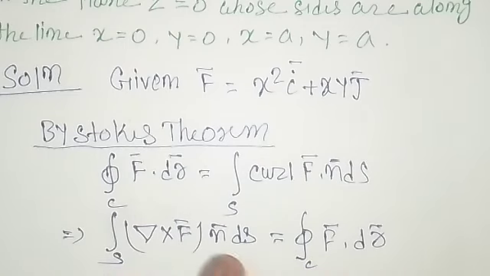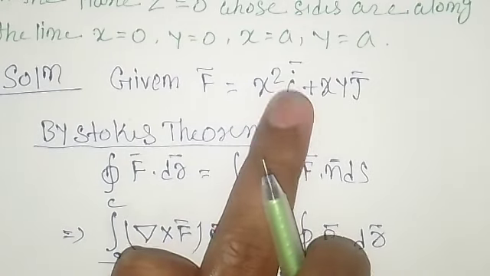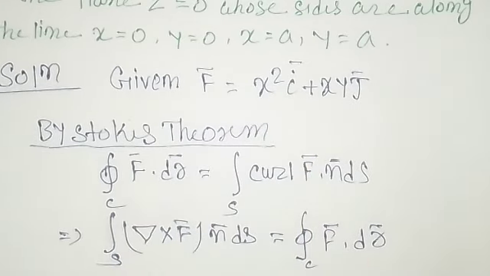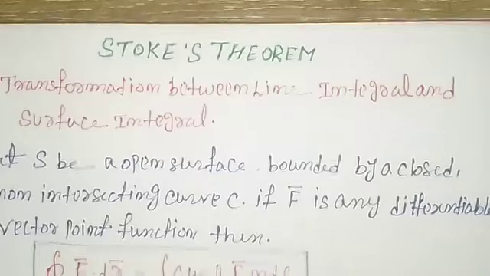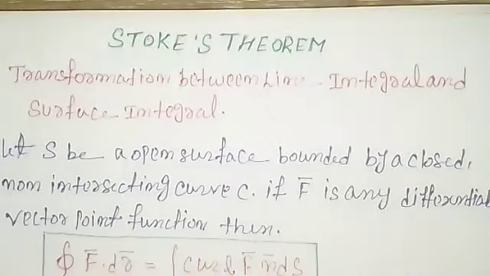For verification you have to show that LHS should be equal to RHS. So first of all I'll find del cross f, that is, the curl we have to find for this vector function.